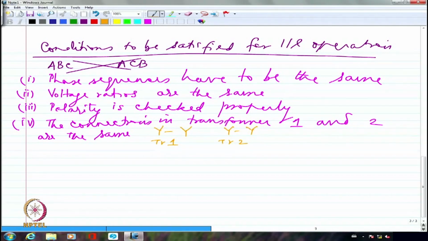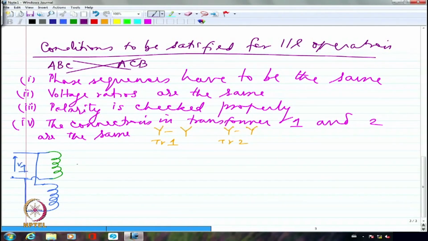So for that, what we do is, if I am having the two primaries like this, I am going to connect them in parallel. First of all, simply I am going to connect them in parallel. It doesn't matter where the dot is, I may not even know. So I will simply connect two terminals together and the other two terminals together, and then I am going to apply, let us say, a voltage V1 here.